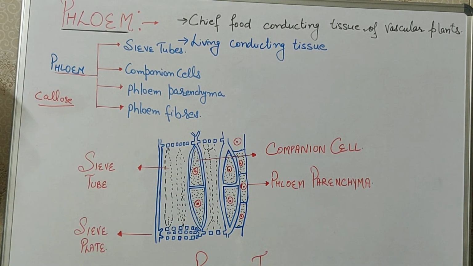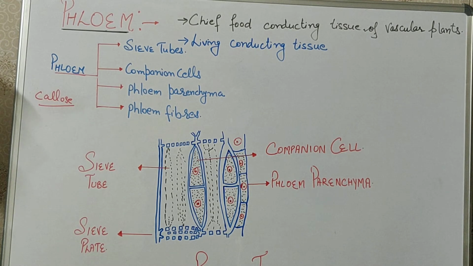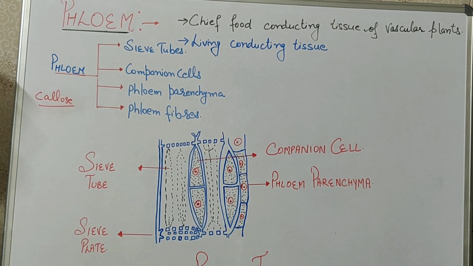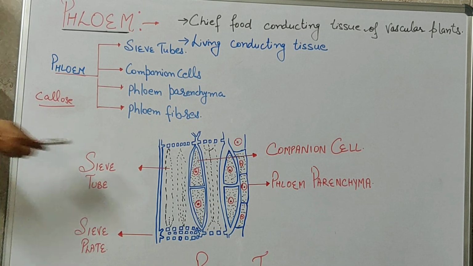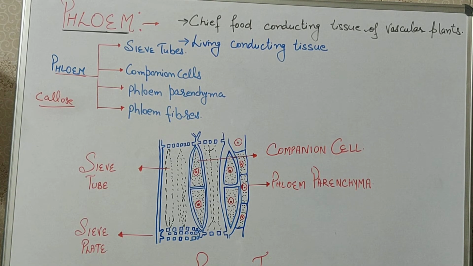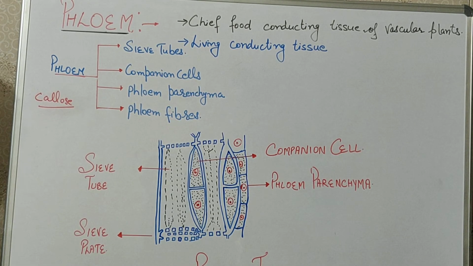They are always found on the sides of the sieve tube. Both sieve tube and companion cell have arisen from the same mother cell. Thus, the nucleus is absent in the sieve tube, but the nucleus is present in companion cells, and other organelles like mitochondria and endoplasmic reticulum are also present in the companion cell.